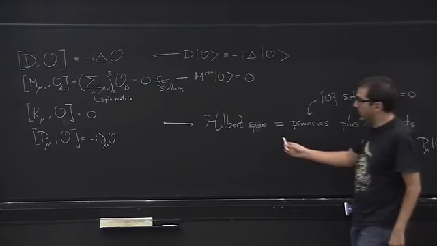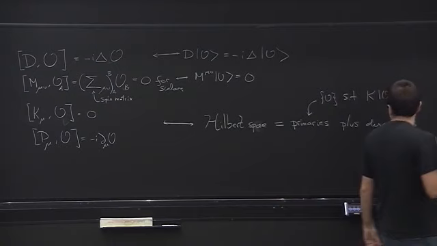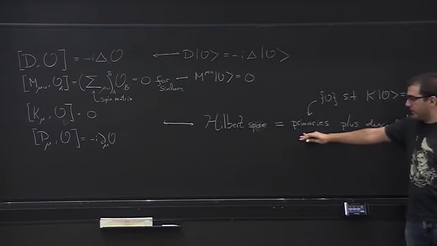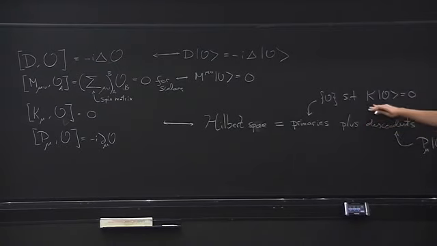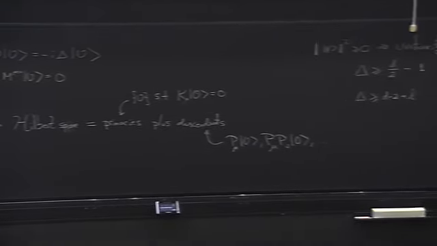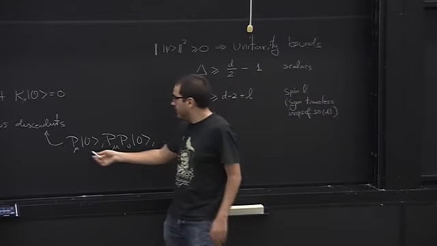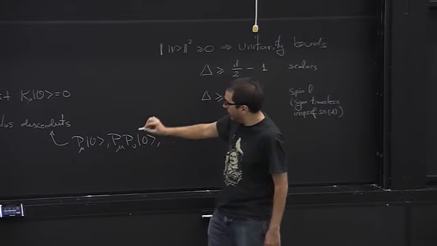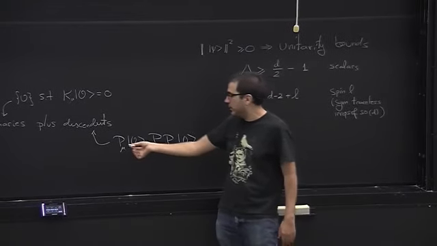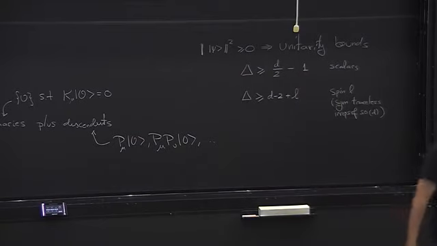And most importantly is the observation that in conformal field theory, our Hilbert space organizes as a bunch of primary operators. Primaries are highest weights with respect to this special conformal generator K. They are killed by special conformal transformations. So they define a very special set of operators of your theory that are killed by this K. And starting from any of those operators, you can use P as raising operators to create operators that have dimension delta plus 1, delta plus 2, delta plus 3, and so on, which are what are called the descendants.